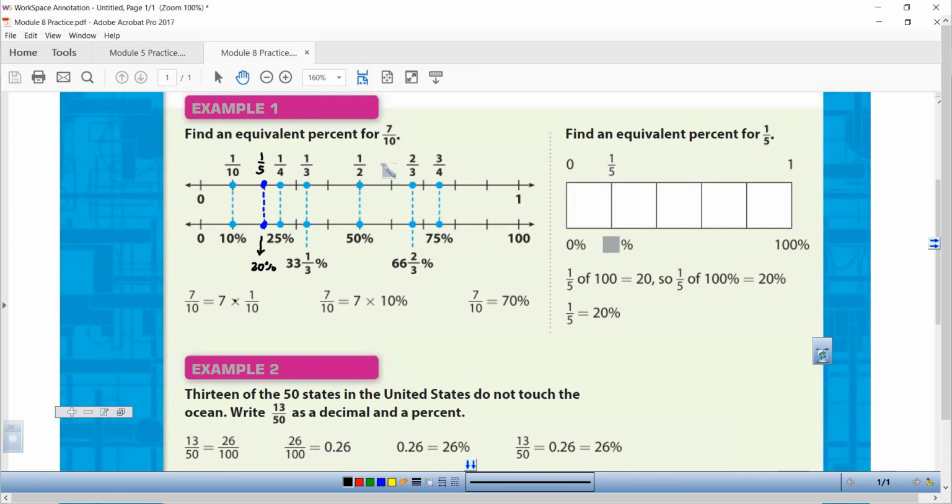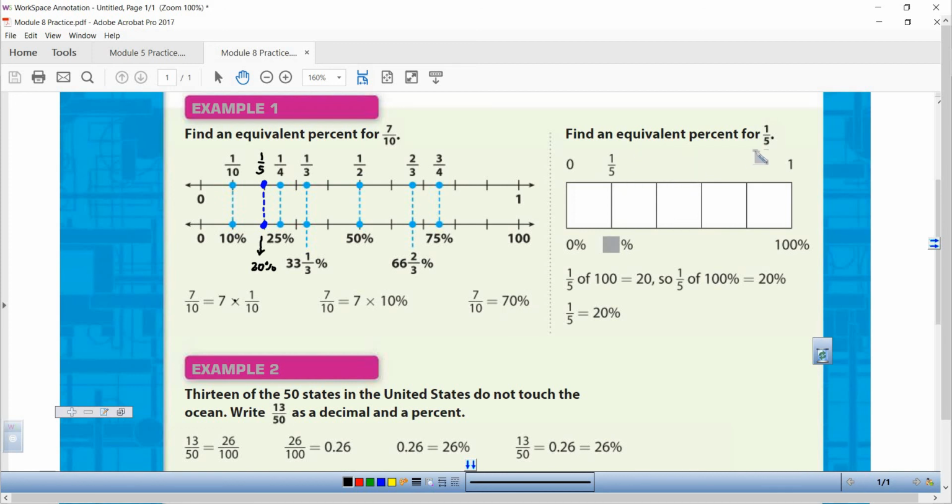Once you know any of these, if you have a different number on the top, you simply multiply by that number. So 7/10 is 7 times 1/10, but 1/10 was 10%, so it's 7 times 10%, so it is 70%.